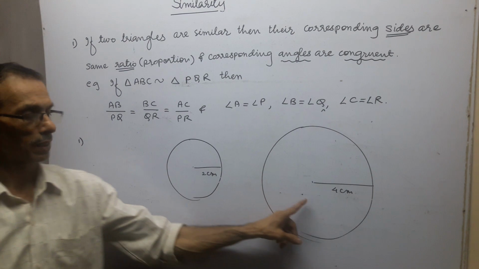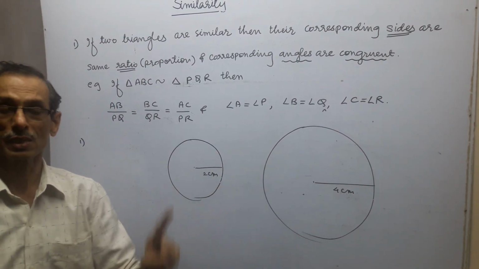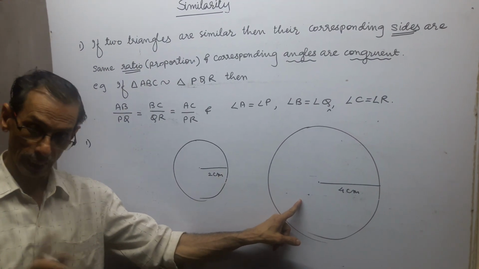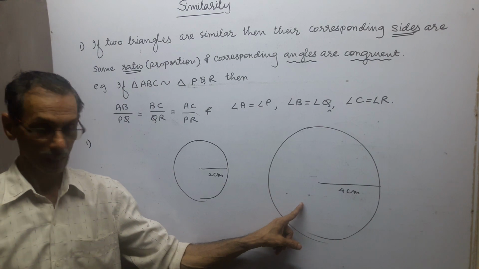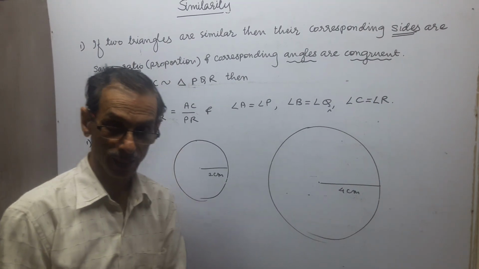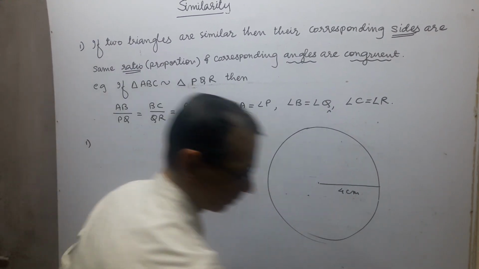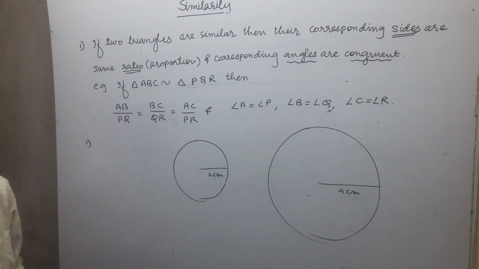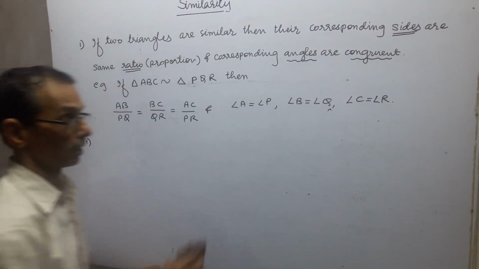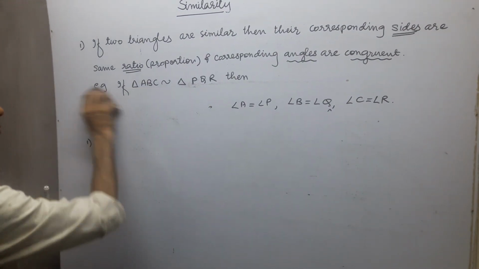You find that the shape is the same but the size is different, and that's why circles are always similar. Two circles of different radii are always similar. Similarly, two squares of different sides are always similar. Similarly, two equilateral triangles are also similar. Now next we are going to study one theorem, the first theorem.